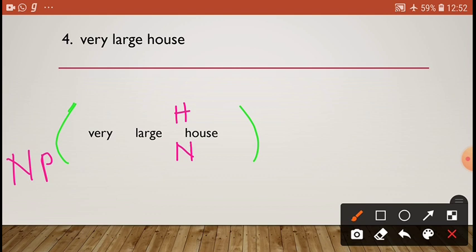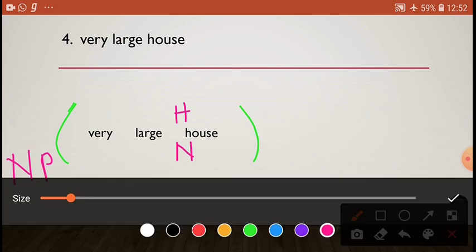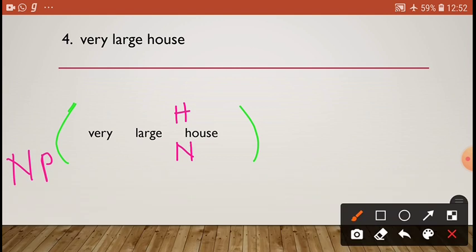Now, we will give the form and function labels to the rest of the two words, very and large. Very is adverb and large is adjective. Now, you can see very and large, these two words form a separate phrase.